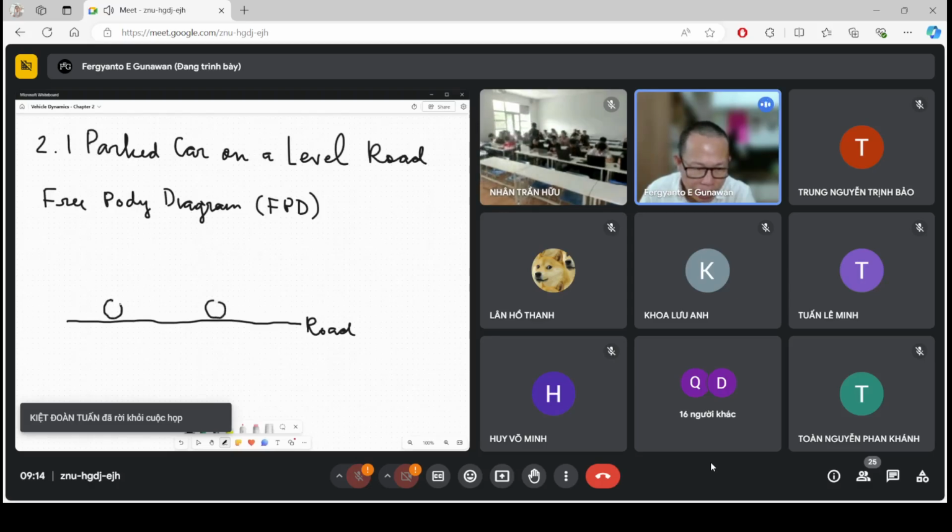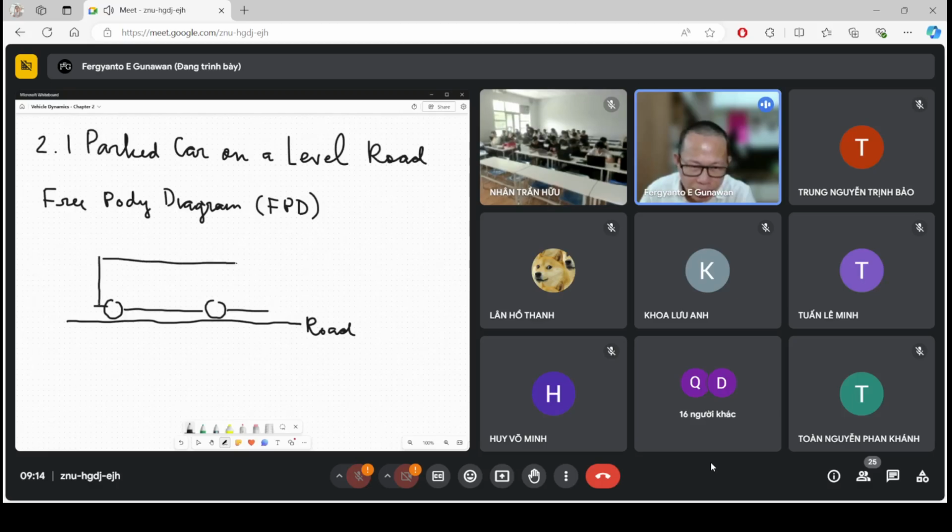The car is facing in this direction, and at the center of the body we have the center of gravity. Let's say this center of gravity is C.